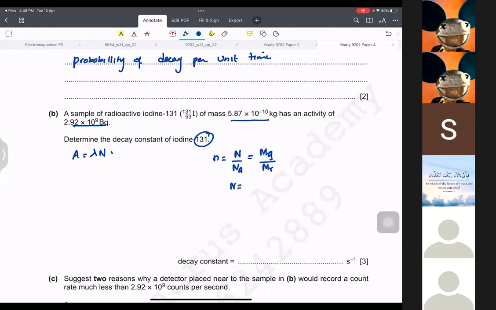N will be equal to 5.87 times 10 raised to minus 7 grams. You have to change this into grams. Remember that. Then multiply by 6.02 times 10 raised to 23 and divide by MR, which is 131.